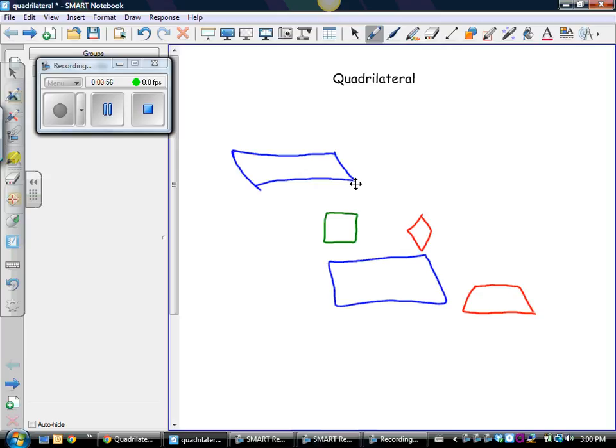Come up and number the vertices on any one of these quadrilaterals. Okay, so those ones have 4, so far Casey's correct. Casey, pick someone who can number them on a different quadrilateral.